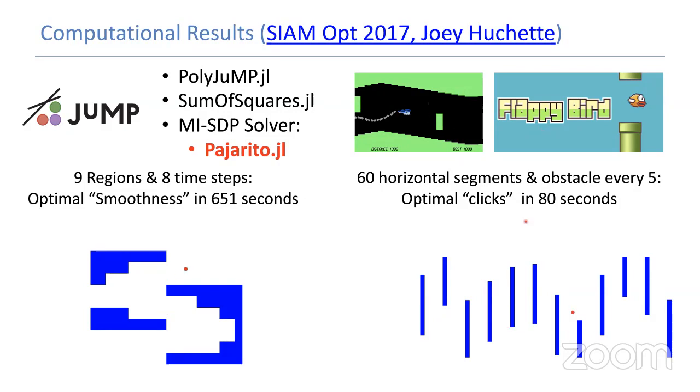I was thinking it looks more like the Flappy Bird problem, where the dynamics makes it so that the point wants to drop, and every time you click, you give it a boost up, and you can try to minimize the number of clicks that you need to solve this. And even back then in 2017, it solved fairly fast, even though it was a complicated mixed integer problem.